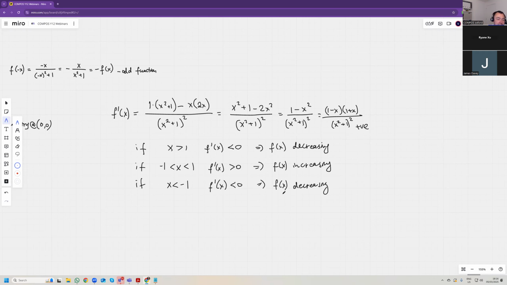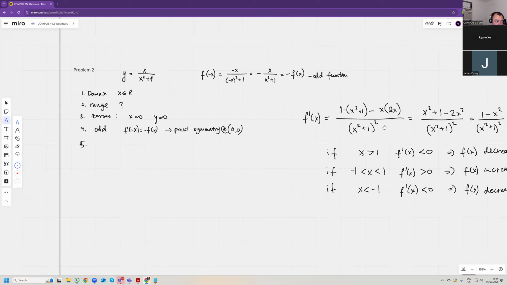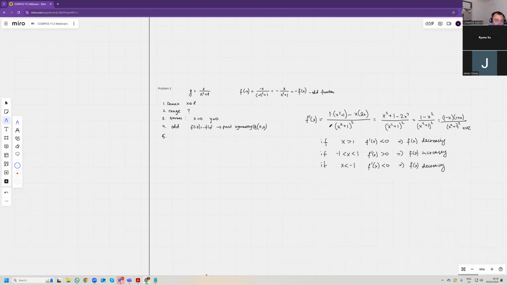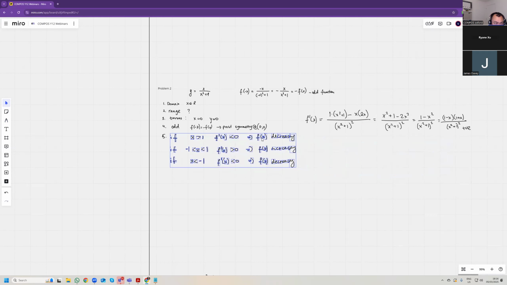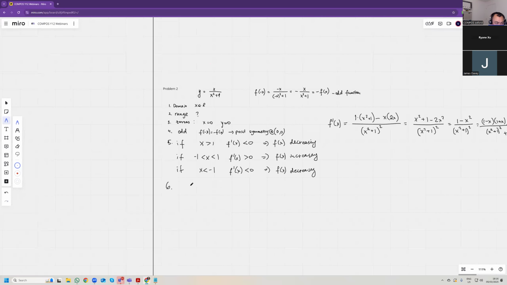Okay, nice. So from here, we can work out the critical points. So these are the monotonic intervals. Number 6, critical points.